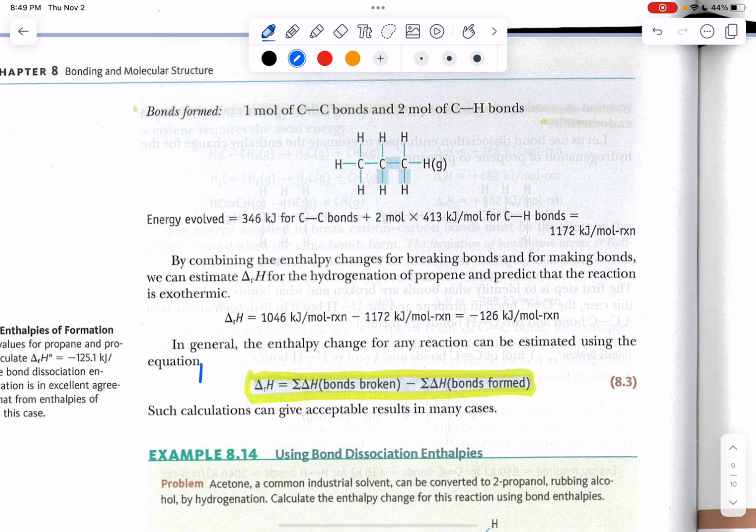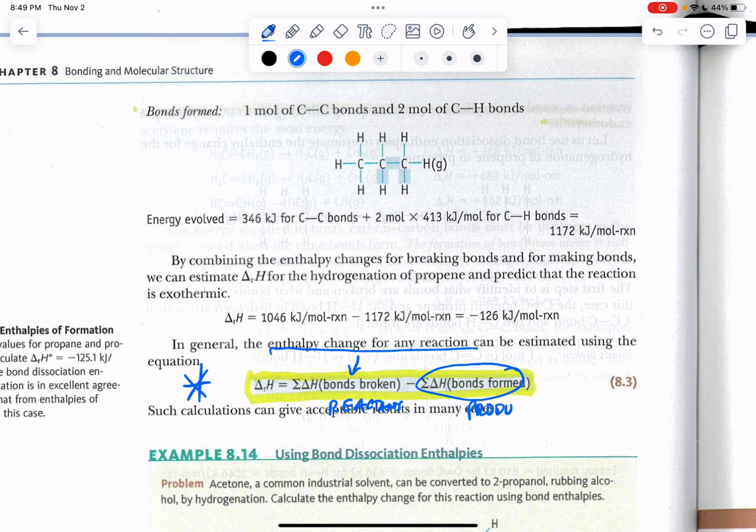And the overall equation is this, that to find the enthalpy change for any reaction, you take the summation of all the bonds that have to be broken, which would be on the reactants side, minus all the bonds that are going to be formed, which is on the product side.